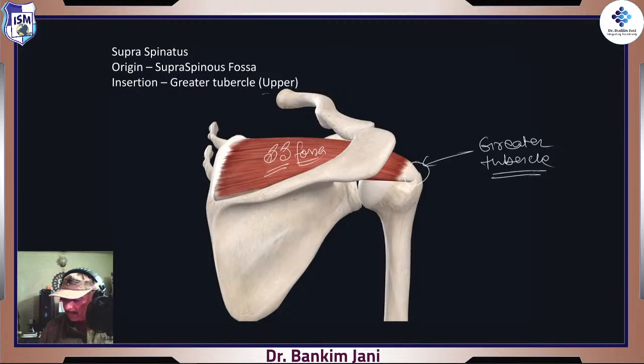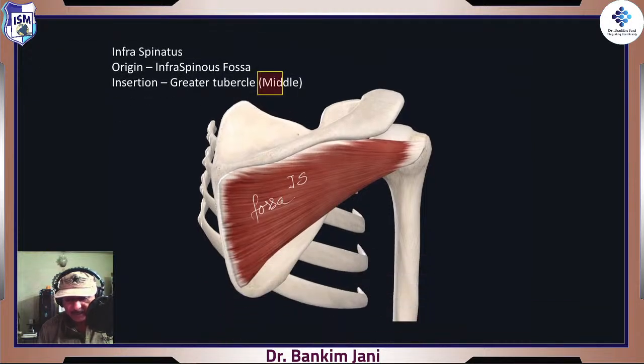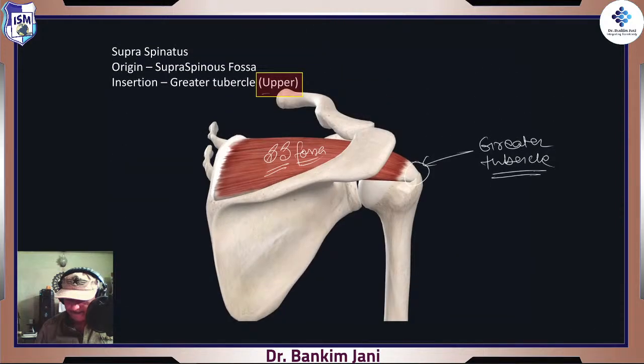The upper part is supraspinatus and the middle is infraspinatus. It means we are focusing on this area. So we have this one, supraspinatus, and then the middle one, that would be infraspinatus.